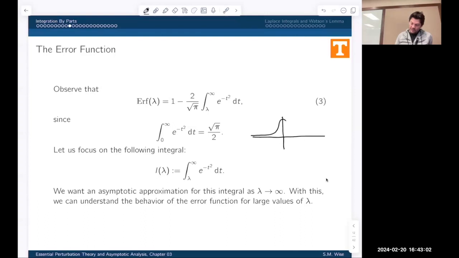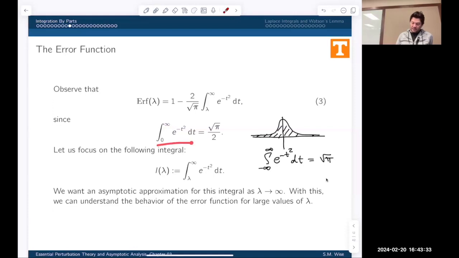The Gaussian dies off fast enough that both sides are integrable, and you'll usually see it written as the integral of e to the minus t squared dt equal to square root of pi. But in any case, we're dealing with an integral over the interval 0 to infinity.